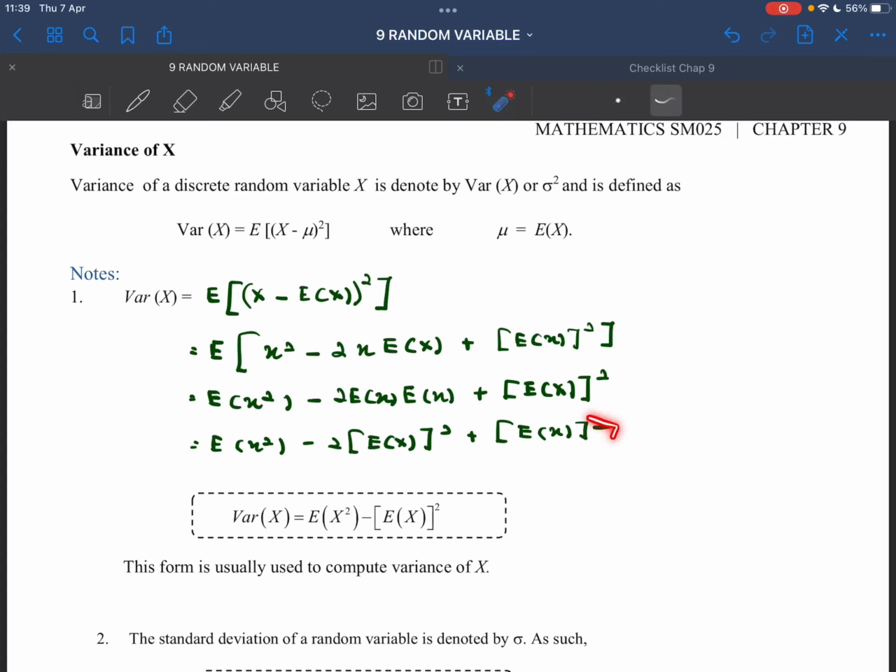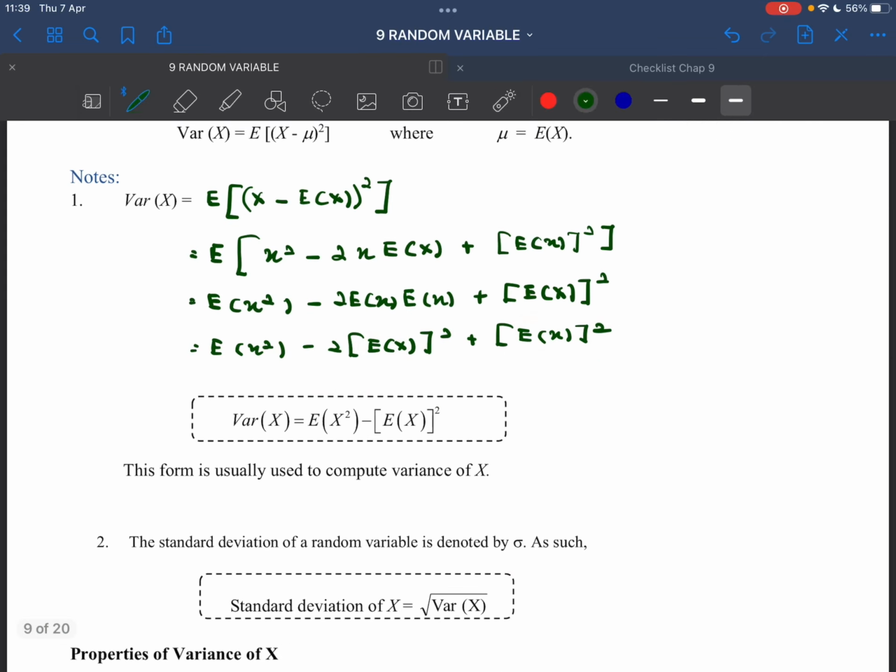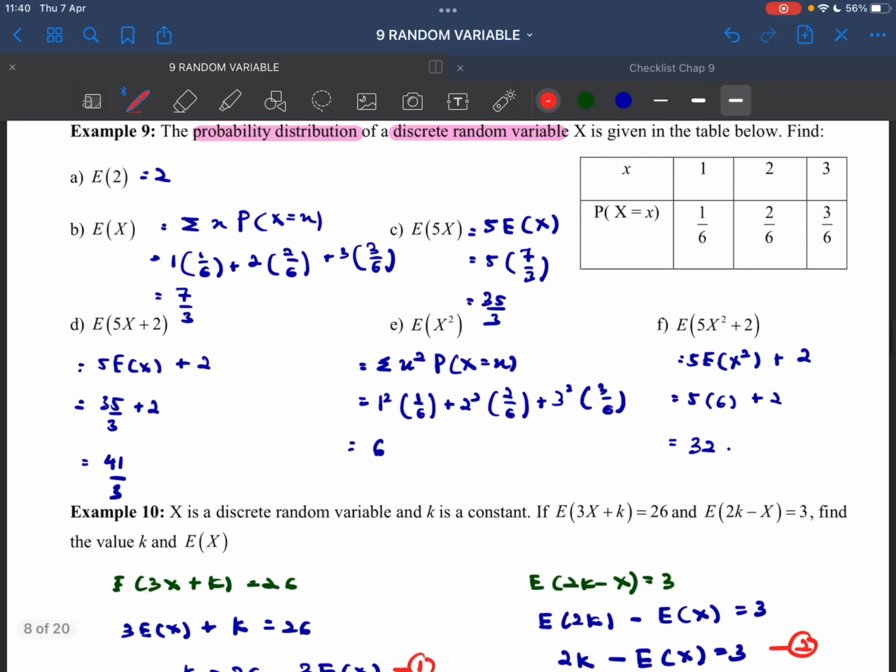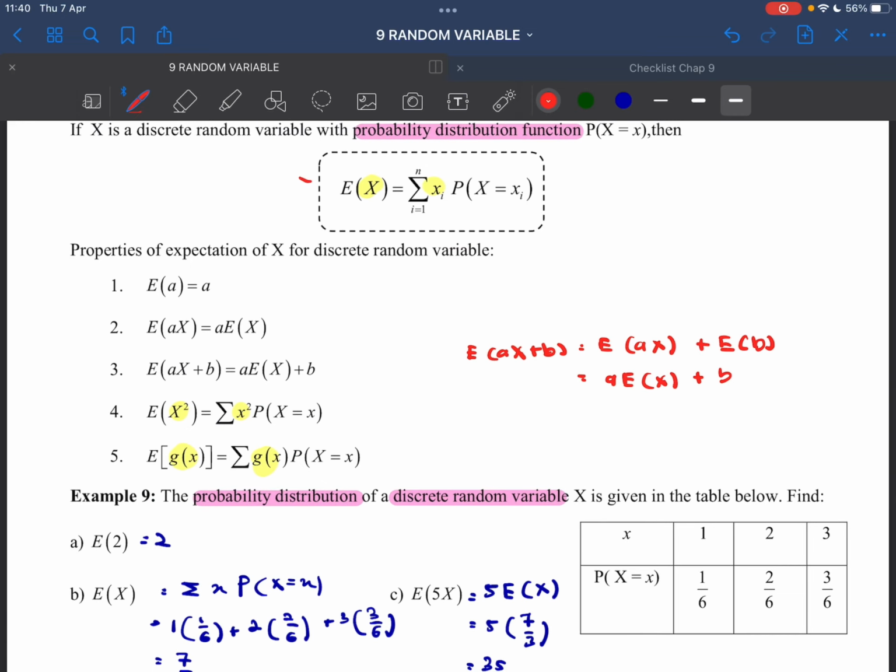So minus 2 plus 1, you'll get minus 1, and we end up with the formula E(X squared) minus (EX) squared. So that is your formula to find the variance. This is the formula that you have to memorize. So first formula to find variance, second formula to find the expectation.